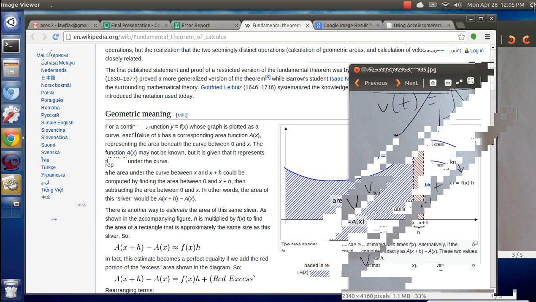That means for my second iteration, if my first iteration was a rectangle here, the one right next to it, instead of starting at an initial velocity of 0, its initial velocity is the result of the rectangle that came before it.